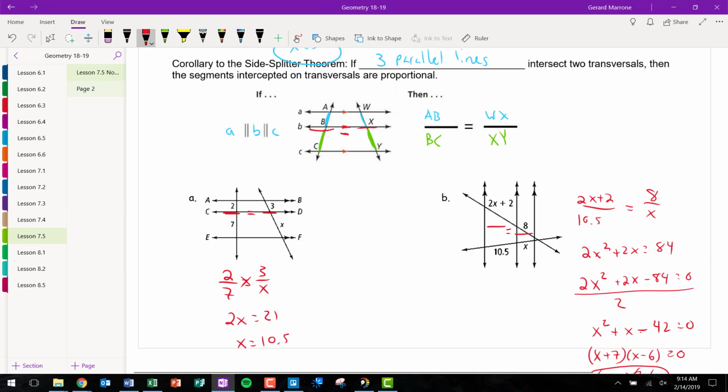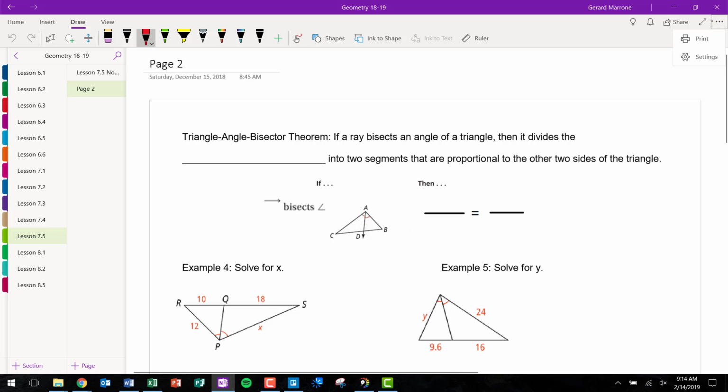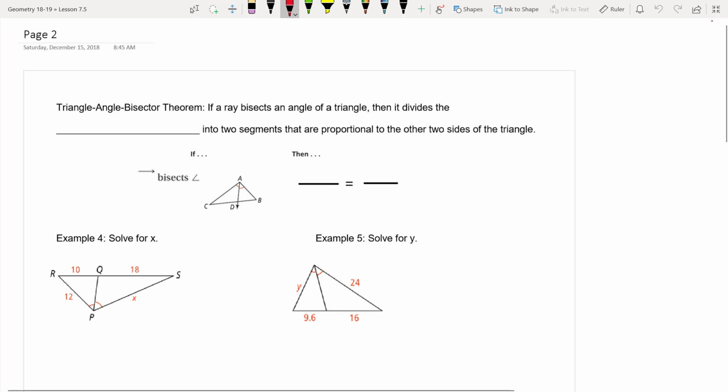So the last piece of this is what's called our triangle angle bisector theorem. If I have a ray that bisects an angle of a triangle, then it divides the opposite side into two segments that are proportional to the other two sides of the triangle.